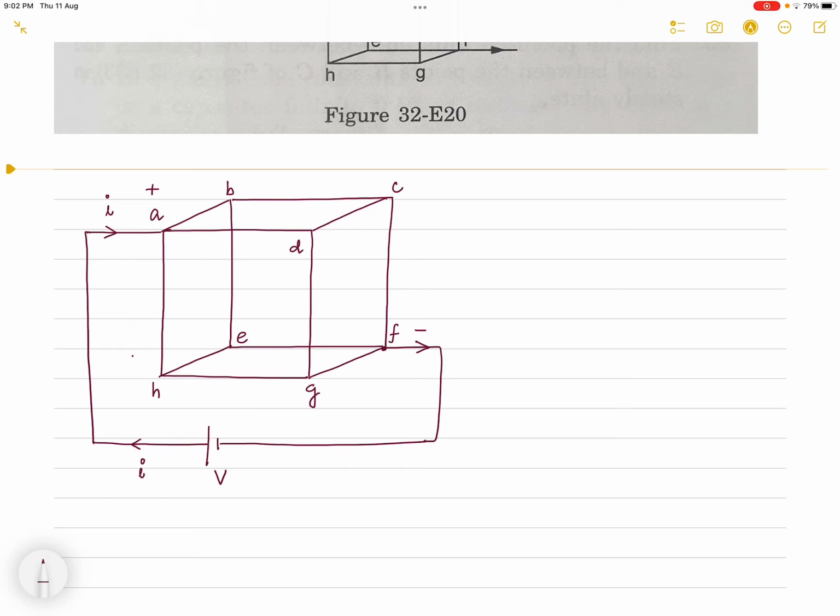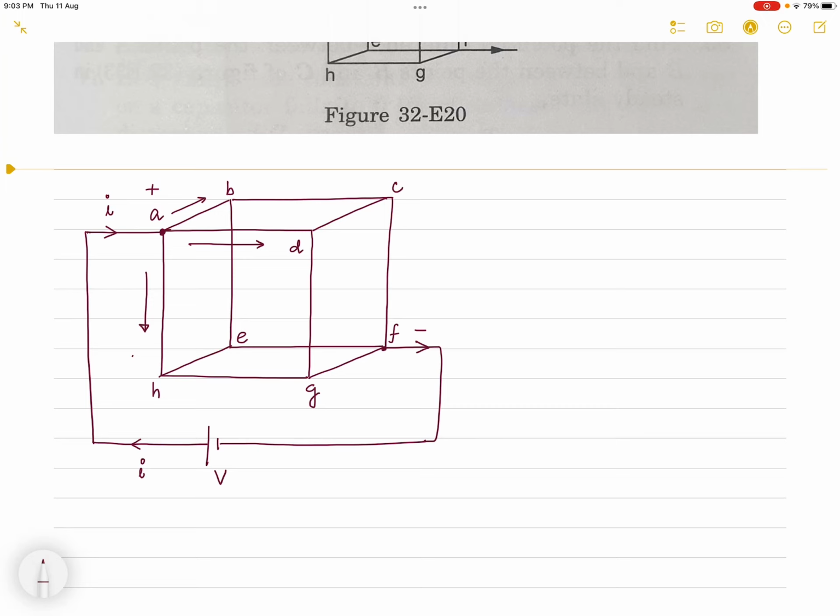So as we try to identify that, let's look at a few things in the circuit. See that as the current I reaches the junction A, it essentially has 3 paths to move from the point A. One is the path AB, the other is the path AD, and the third one is the path AH.